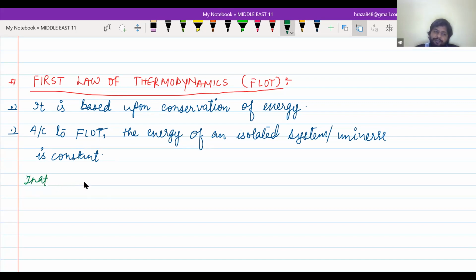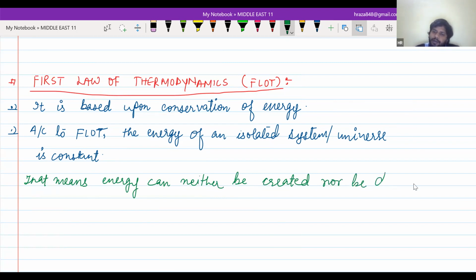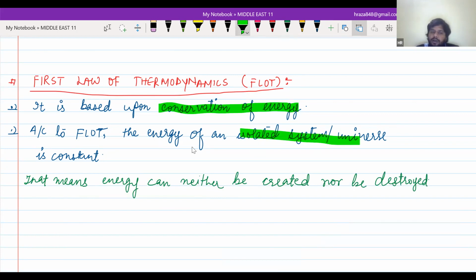That means it is constant. It is based upon conservation of energy. This is very important. According to FLOT, the energy of an isolated system or universe is constant. That means energy can neither be created nor be destroyed.